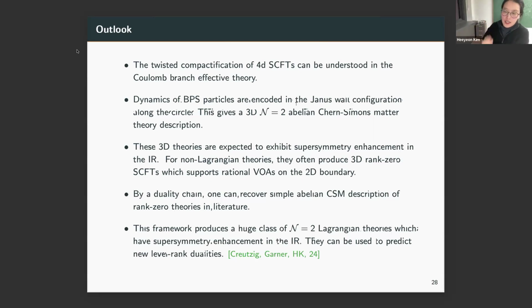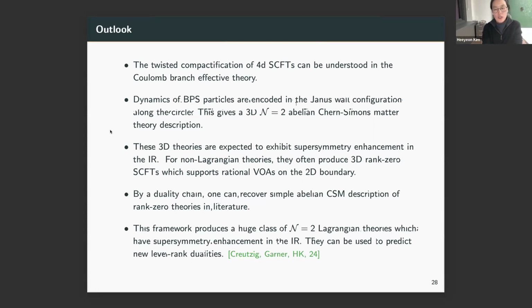Right. In fact, if you consider the 4D N=2 SCFT that contains a non-trivial Higgs branch and Coulomb branch at the same time, the simplest example would be the A1, A odd type Argyres-Douglas theories. When you compactify, when you do the twisted compactification down to 3D, it's going to give you a theory that has either a Coulomb branch or a Higgs branch.